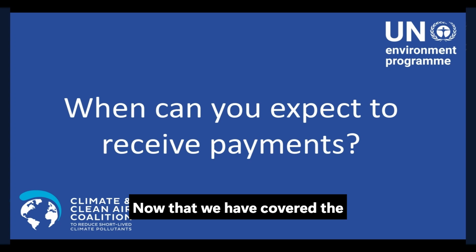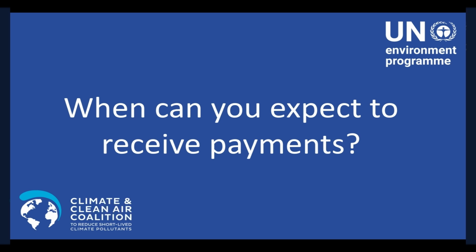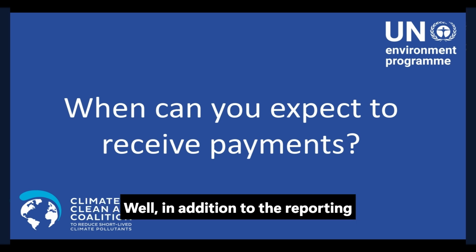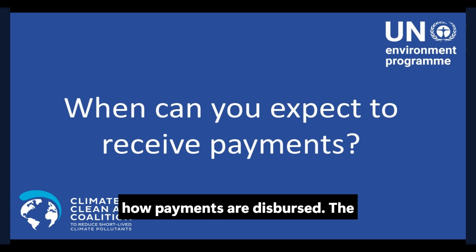Now that we have covered the reporting process, let's turn to the payment schedule. So, when can you expect to receive payments? Well, in addition to the reporting schedule, the agreement also defines how payments are disbursed. The first payment is released upon countersignature of the agreement.